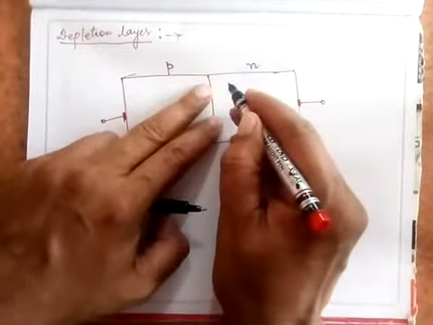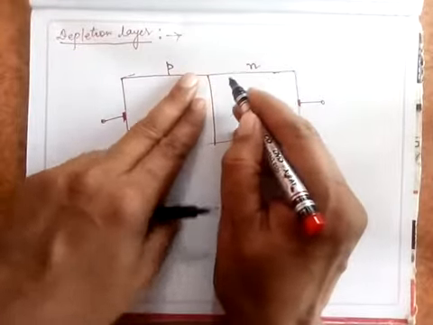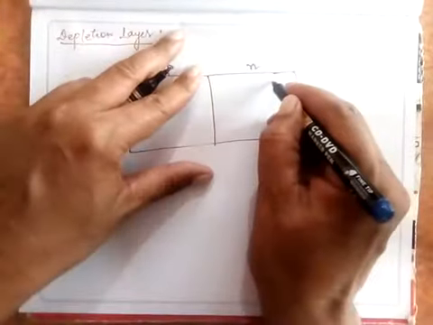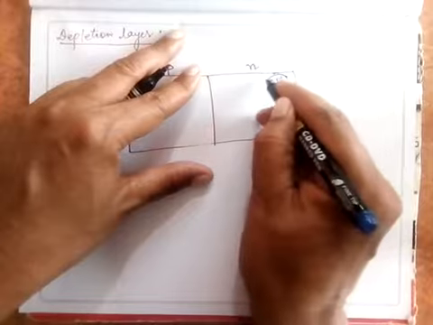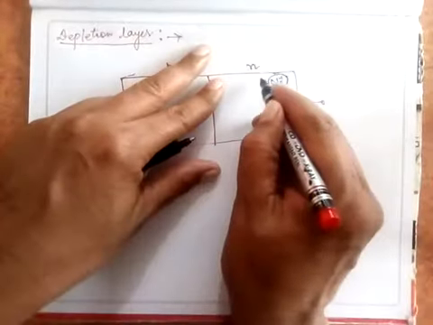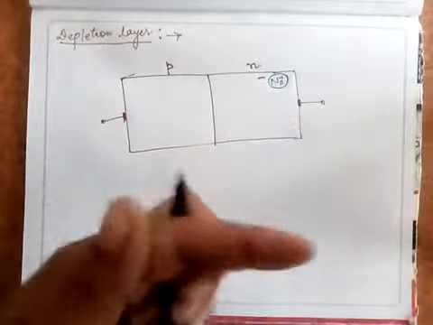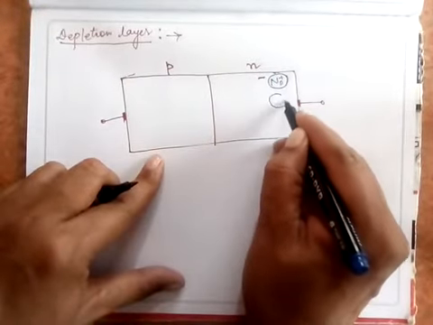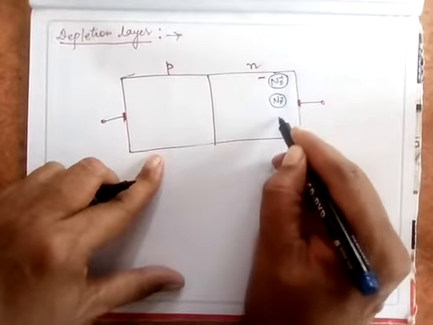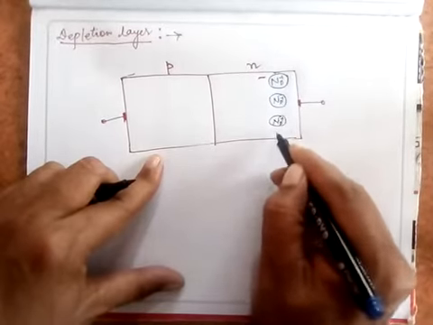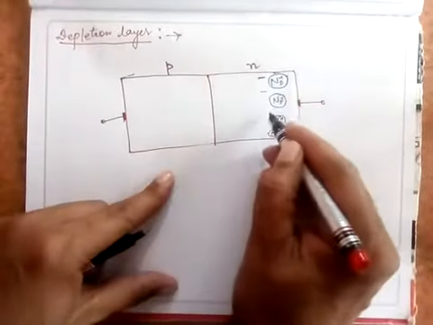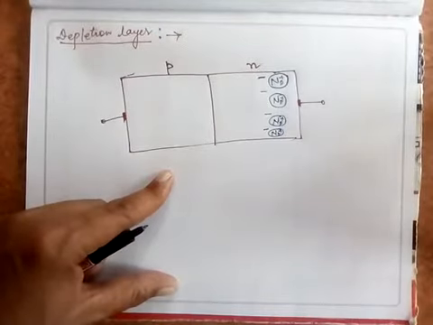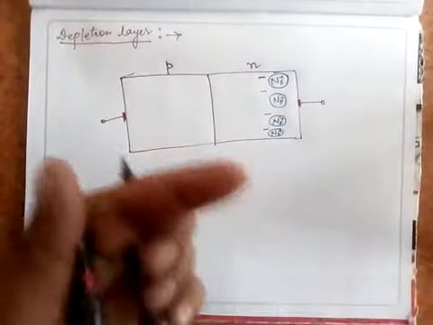So if I look at the N side, you will have positive donor ions, and of course every donor ion is releasing an electron. Similarly here, the next donor atom, Nd plus. This is Nd plus. Another Nd plus here, and every Nd plus releases an electron. I hope that this is clear to you. Now I am showing this with a blue pen.